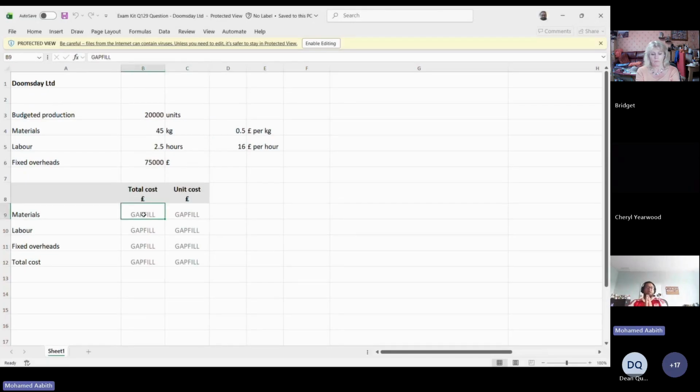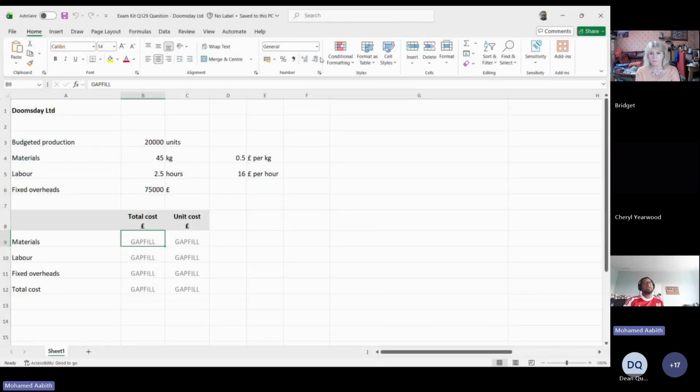Yeah. So if I get a question like this in your exam, that is a lot easier comparatively, but you also have to remember how to reference the cells properly. So here they want you to find the total cost, and then they also want you to find the unit cost.